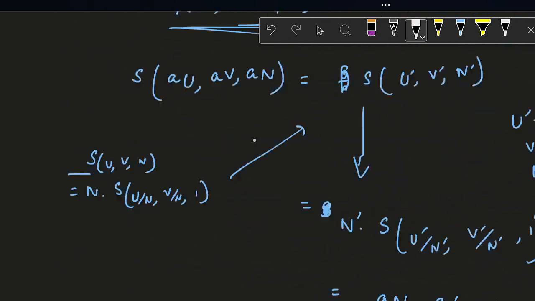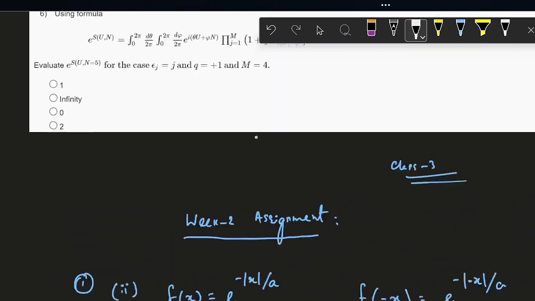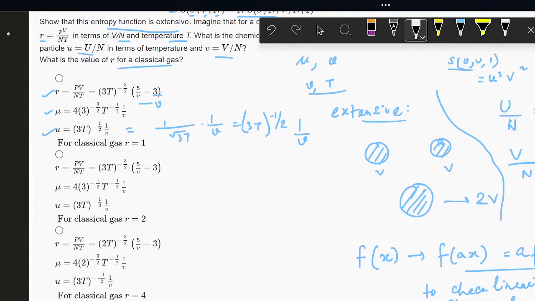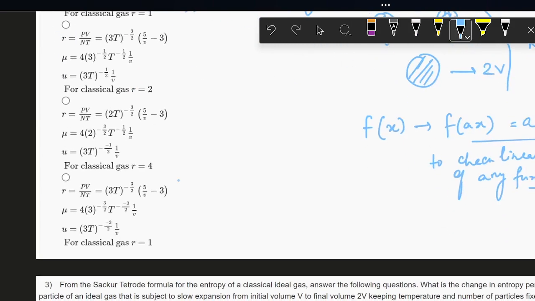So this second question is also done. For the second question, the option will be the first option again. So this will be our answer.